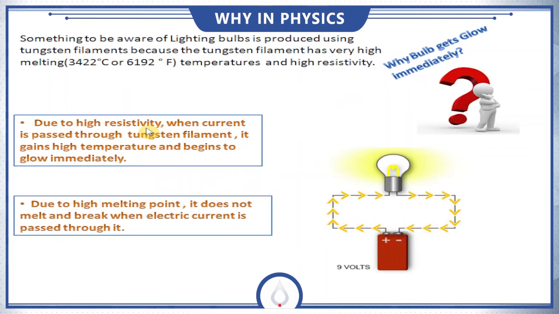Due to high resistivity, when current is passed through the tungsten filament, it gains high temperature and begins to glow immediately. Because metals which have high resistivity, when current is passed through them, get hot and begin to glow immediately. And the second, due to the high melting point, it does not melt and break when current is passed through it.